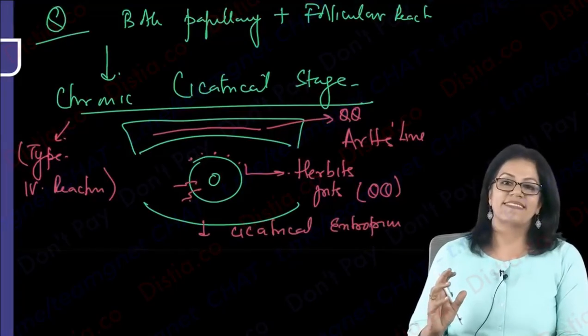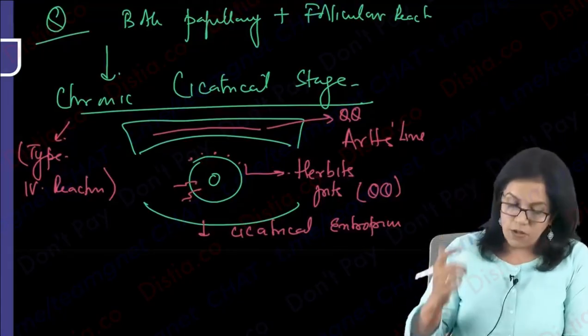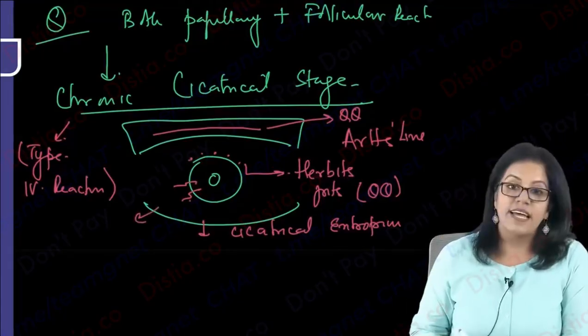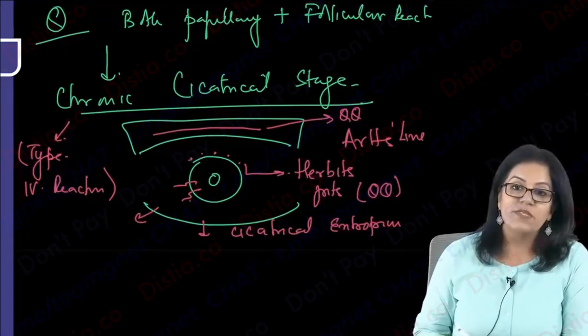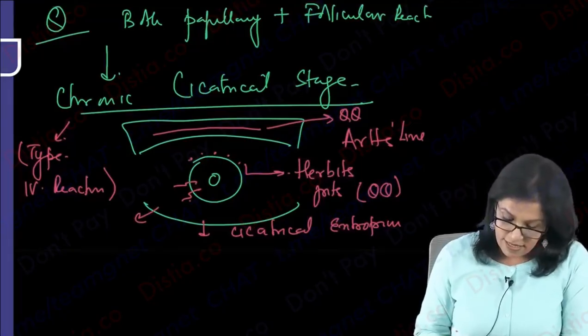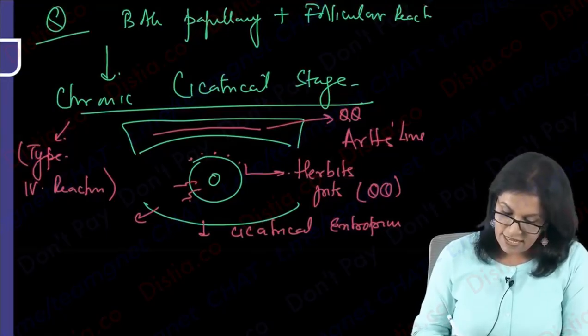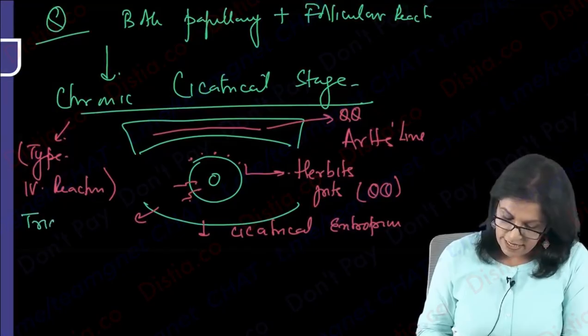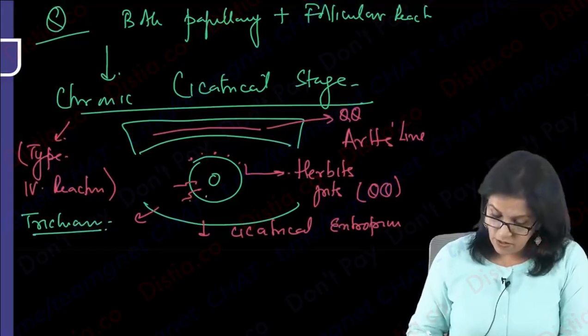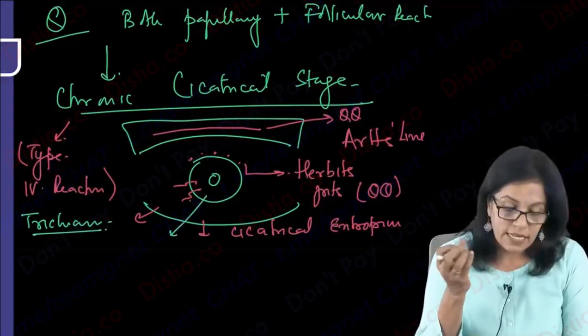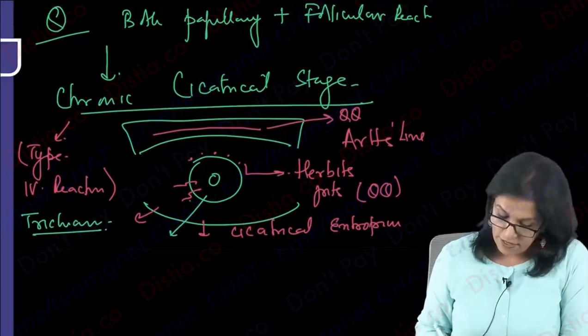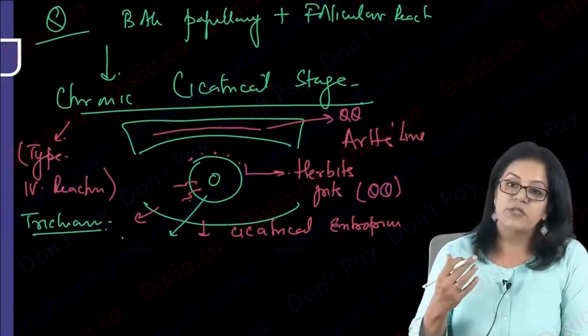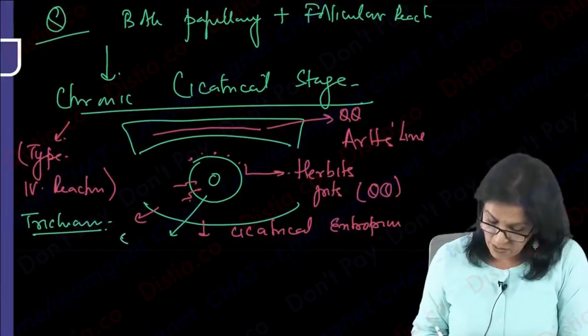What will happen? The lashes have started rubbing the cornea. This misdirection of eyelashes due to scarring is trichiasis. So another finding you can label down here is trichiasis. And any rubbing of the eyelashes on the cornea is going to lead to corneal opacity.